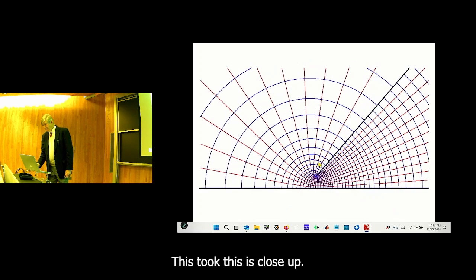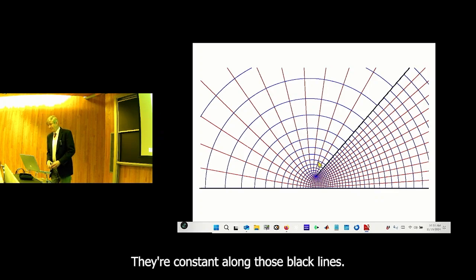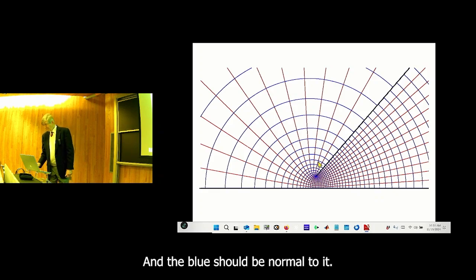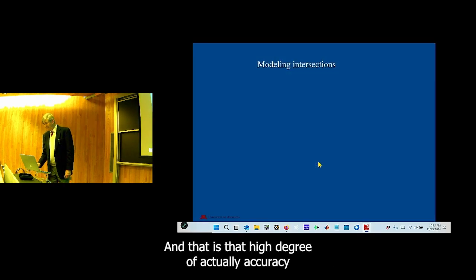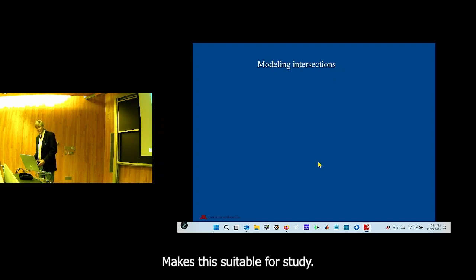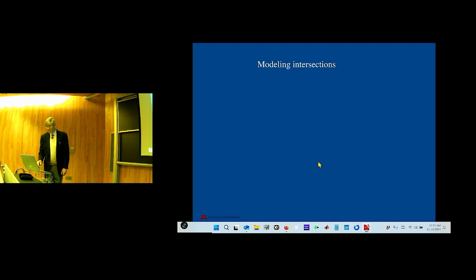This is a close-up, and you can see, if you understand it, the red lines are energy, and they're constant along those black lines, and you see they're perfectly constant, and the blue should be normal to it. And that high degree of accuracy that can be locally achieved is necessary, and makes this suitable for study.